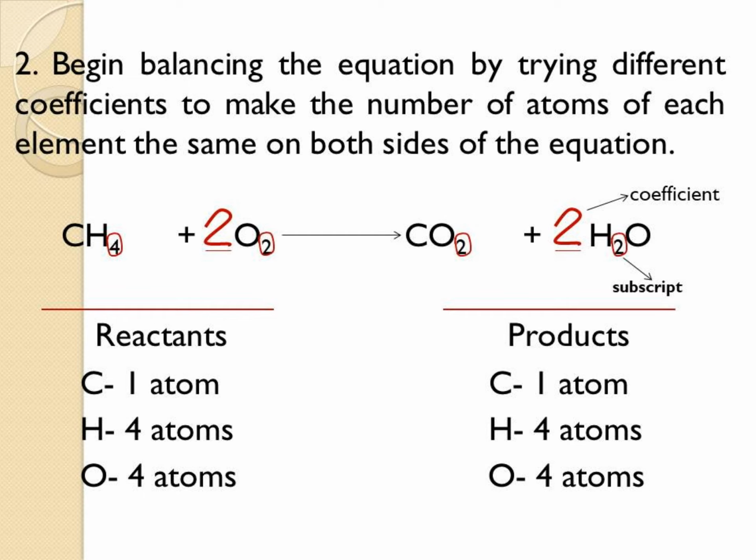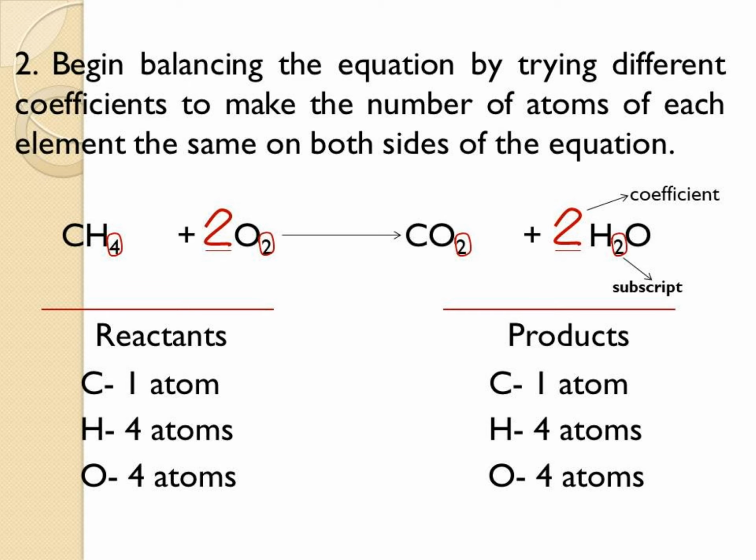The coefficient used here will help us balance the chemical reaction. So how are we going to balance it? First, we take a look at the elements on both the reactant and the product side.